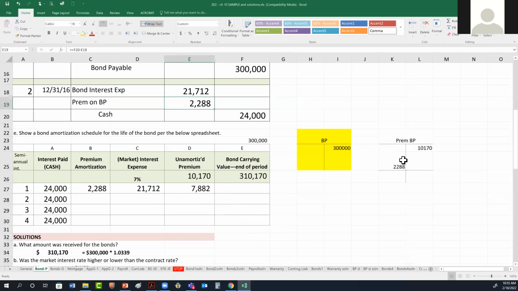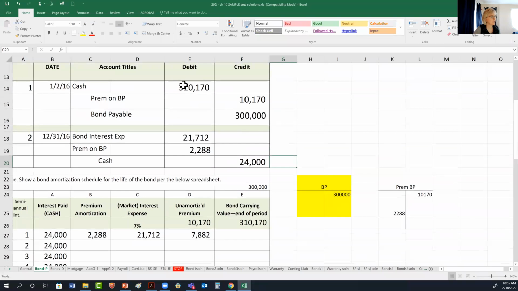No, it's a good question, JR. When we issued the bond, we were able to get more money for the bond. The bond face value was 300,000, but we got more money for it. We got 310. And so that effectively reduced our interest rate from 8% to 7%.